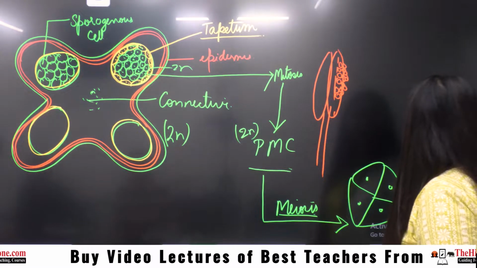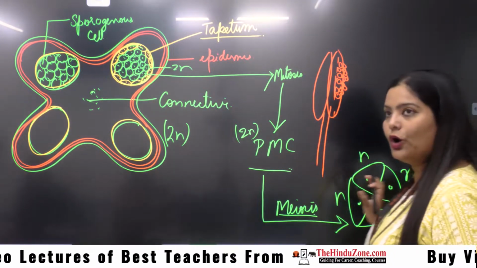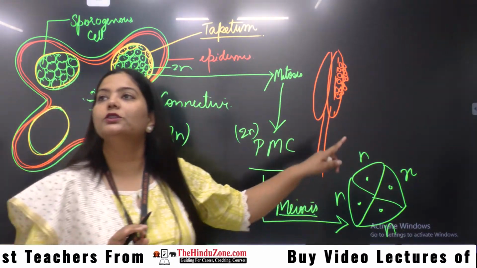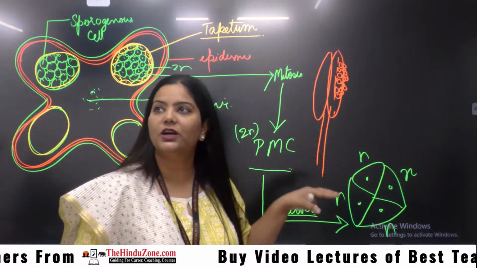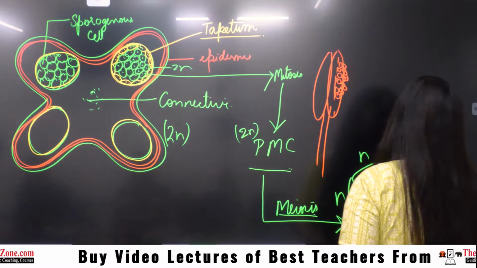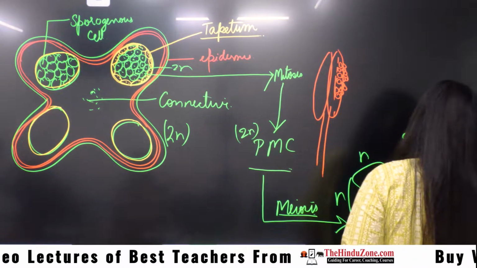The ploidy of these cells is N. Now they are haploid. Got it? And this whole 4-cell structure is called a pollen tetrad.